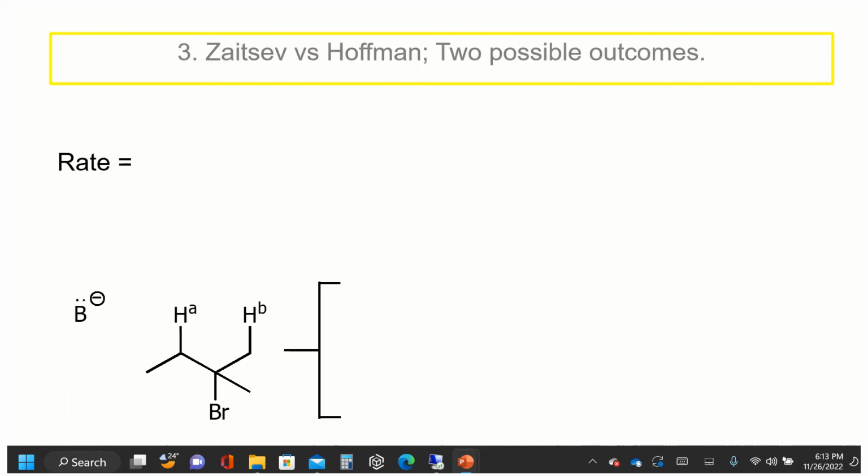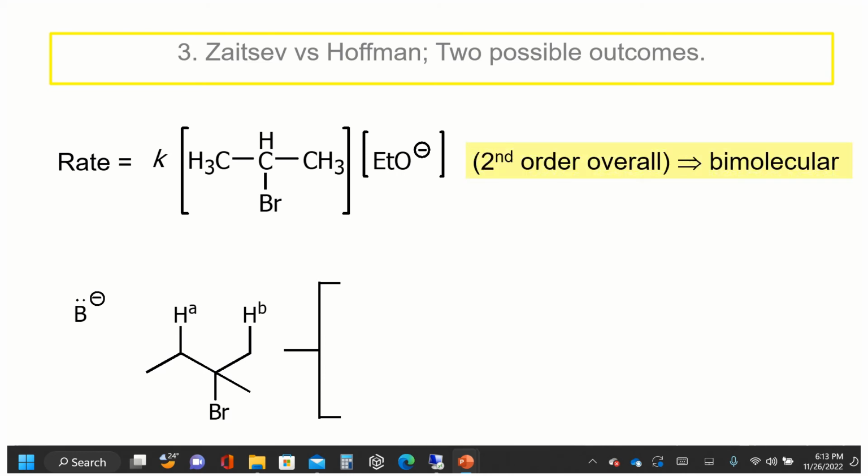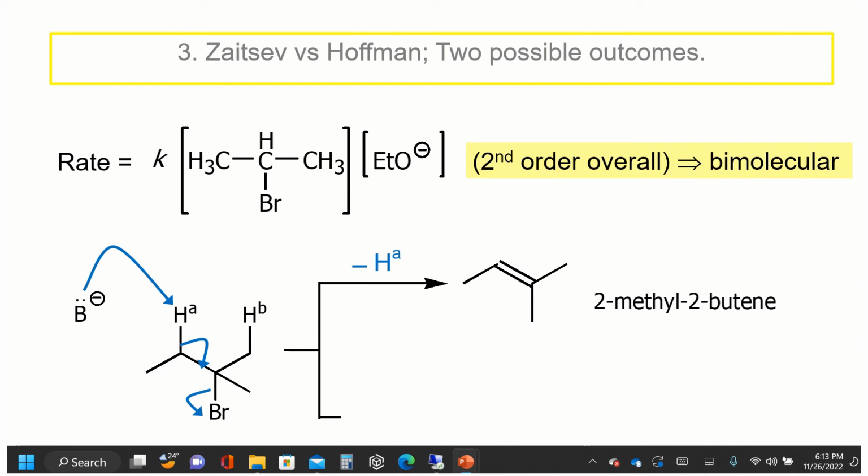Let's look at the mechanism of the Hofmann versus the Zaitsev. There are two types of protons that we have. We have proton A, and we have proton B. If we eliminate proton A, we end up with an alkene with 1, 2, 3 groups surrounding it.